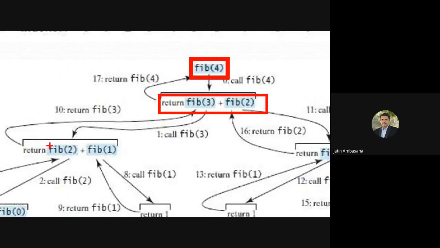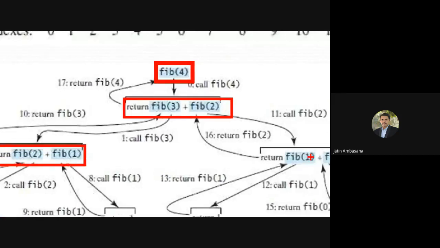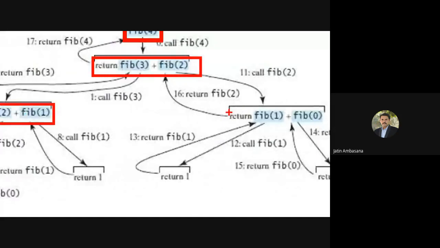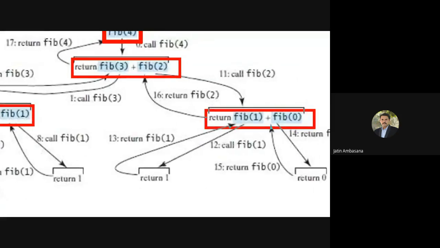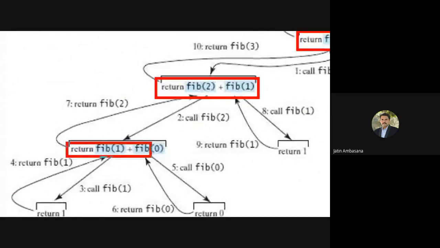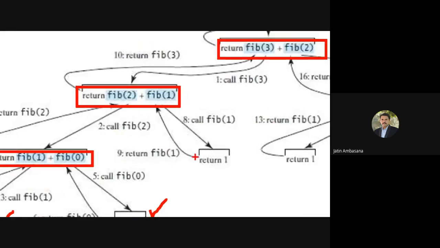It will return fib of 2 plus fib of 1, and fib of 2 will call fib of 1 and fib of 0. Fib of 1 returns 1, fib of 0 returns 0. So from here, this is the first value that is returned, then this is the second value, then again fib of 1 returns 1. So this is the third value.